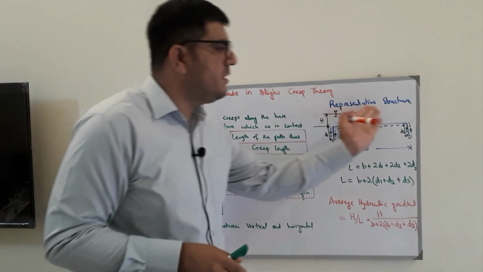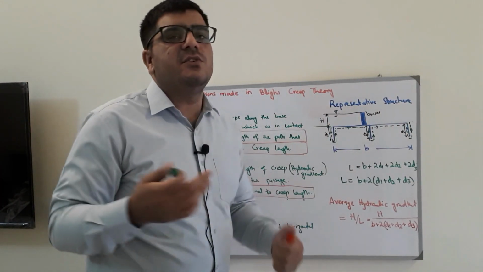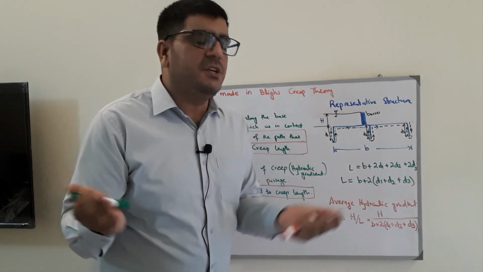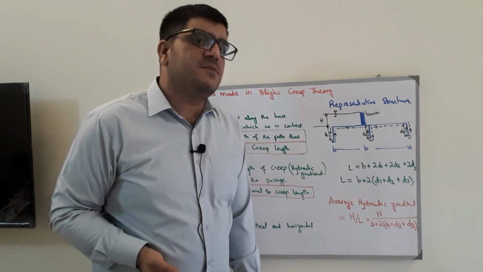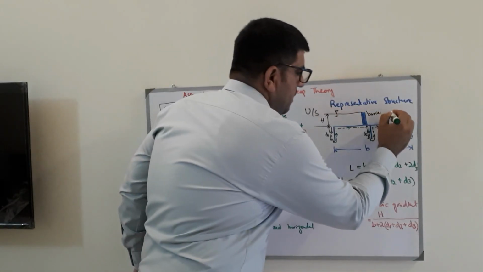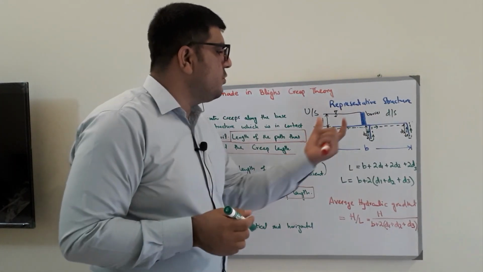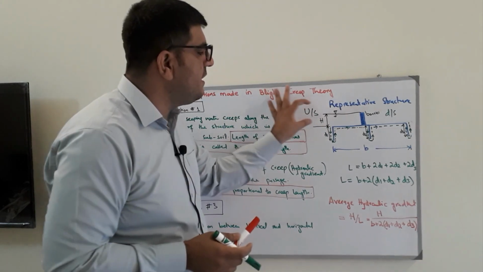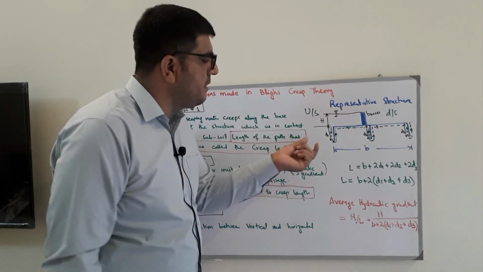So here is our representative structure. You can consider it as, let's suppose, a weir. There is stored water at the upstream side, and this is the upstream and this is the downstream side. Water is stored at the upstream side and it has a head, let's say h, or total depth h.